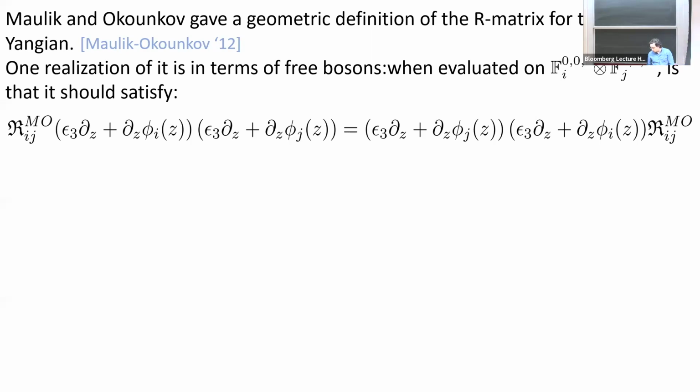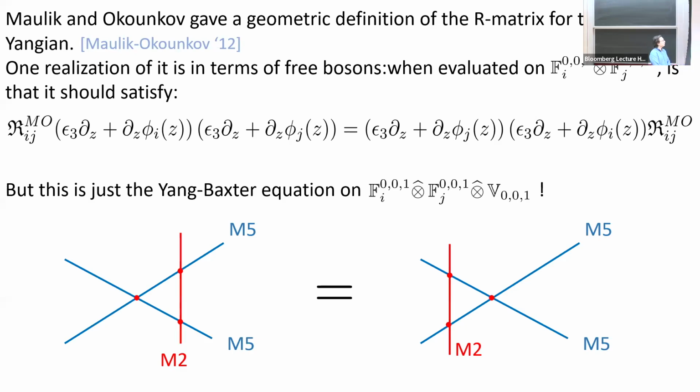And so what I just want to point out is, what is this equation? Well, that's just the Yang-Baxter equation on the space Fock tensor vector. Now we understand that these operators, you should think of them as R matrices, not in Fock tensor Fock, but in Fock tensor vector. So M5, M2 intersection. If you think of these Miura operators in the ith space and for the ith boson and jth boson as R matrices, this is just the Yang-Baxter equation.